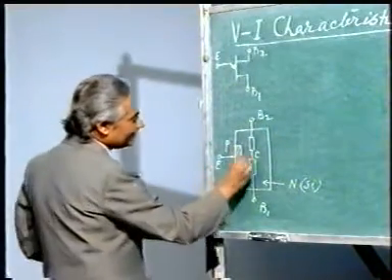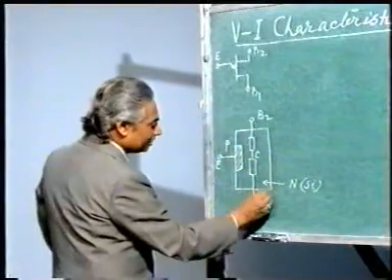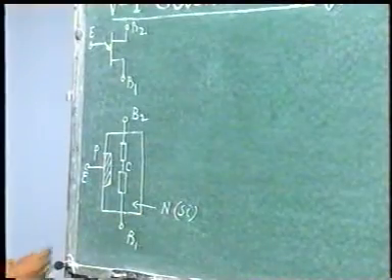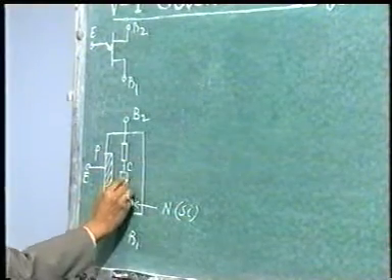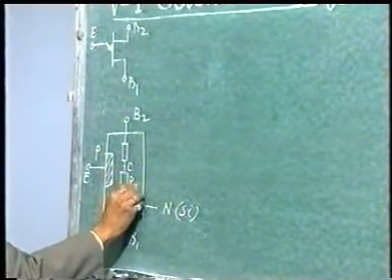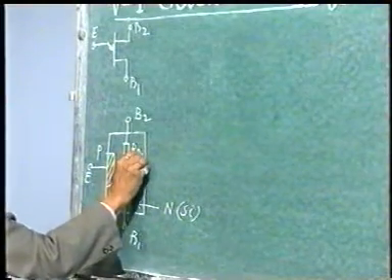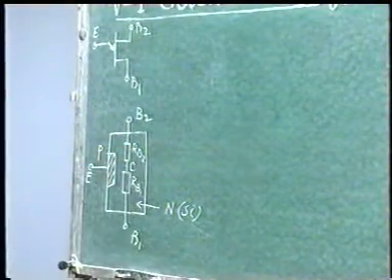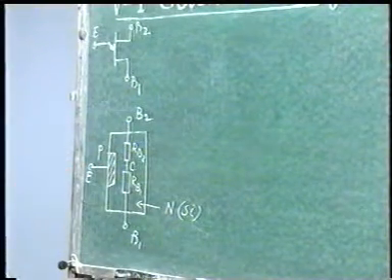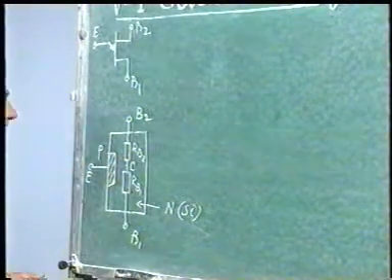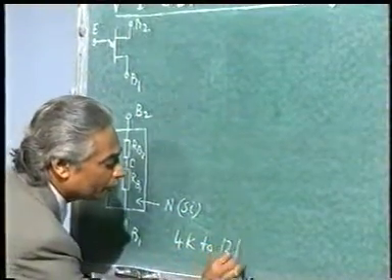Now it is clearly indicated from the construction that the base, which is of n material, is divided into two zones. This is zone 1 having a resistance of say Rb1, this is zone 2 having a resistance of Rb2. Since it is semiconductor silicon material, it will have very high resistivity, and its resistance is usually from 4K to about 12K.